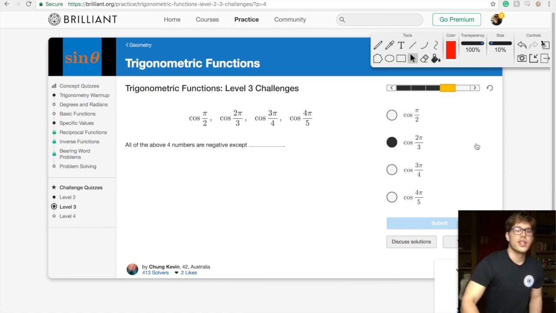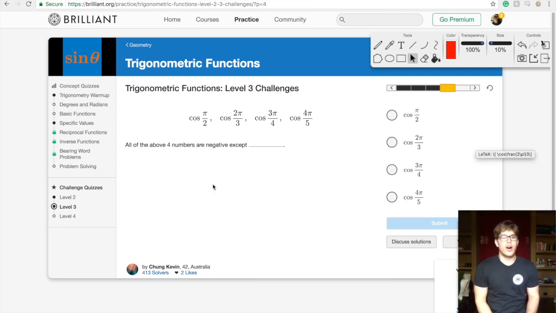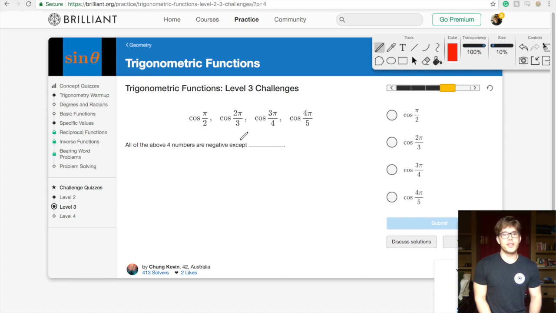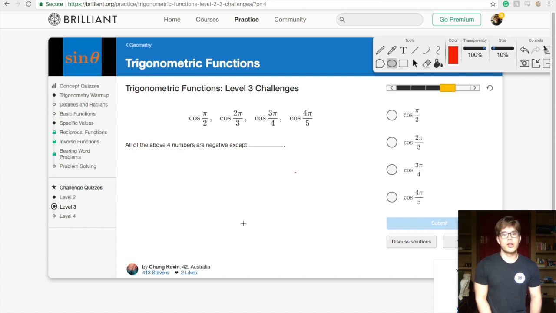Let's see. All of the above 4 numbers are negative except for which one? Okay, well this one's a little bit too easy. If you know your unit circle, so let's think about it.